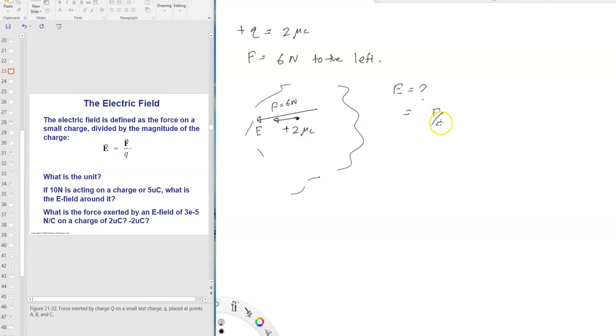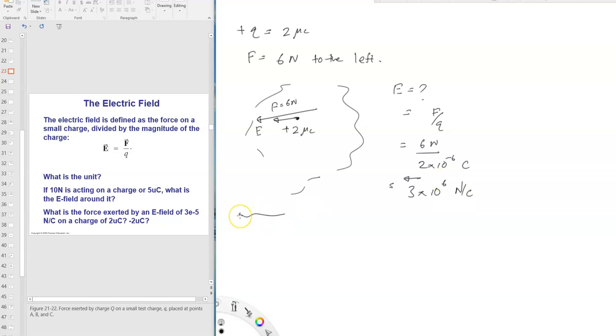It's force divided by the charge. So that will be 6 newtons divided by 2 times 10 to the negative 6 coulombs. We have 3 times 10 to the 6 newtons per coulomb going to the left.